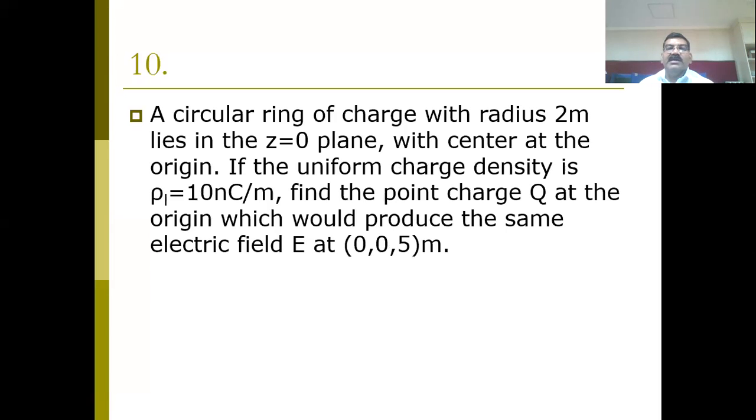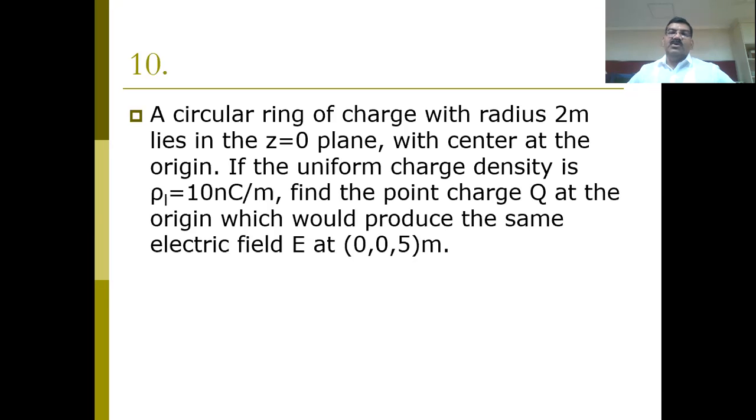Now this is somewhat tricky. You have to apply your mind. I'll give this as a challenge to all of you. I'll not give much explanation in this. You can apply some mind and try to solve it. What is it? A circular ring of charge with radius 2 meter lies in the Z equals to 0 plane, with center at the origin.